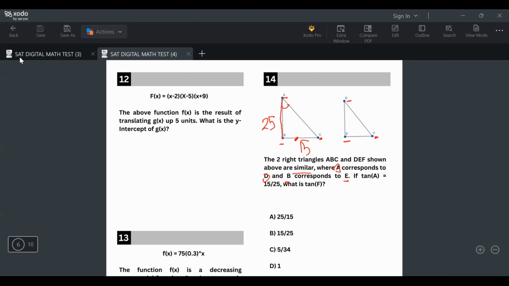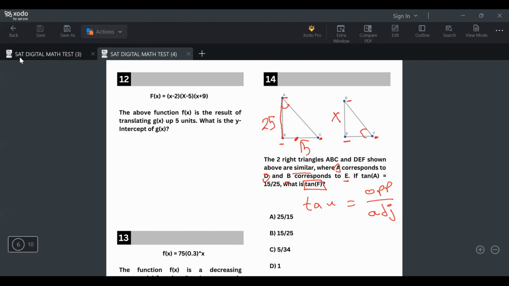By the adjacent side. So what is the opposite of angle F? It is this one here. Let's say it's y, and the adjacent is here, which is x. So as you can see, tan F is equal to y divided by x.